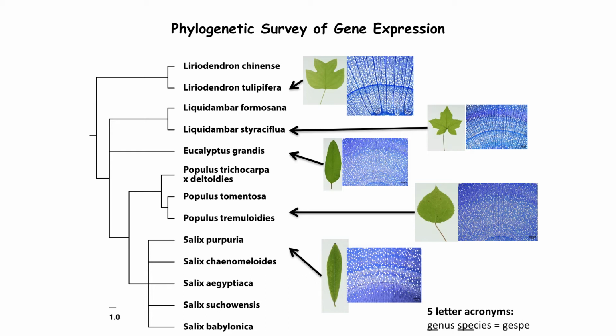For example, within the Liriodendrons, we have Liriodendron tulipifera from North America paired with the Asian counterpart, Liriodendron chinense. Similar for liquidambars, both North American and Asian species. Eucalyptus, there is no Asian counterpart included. And the same thing for Populus and Salix.